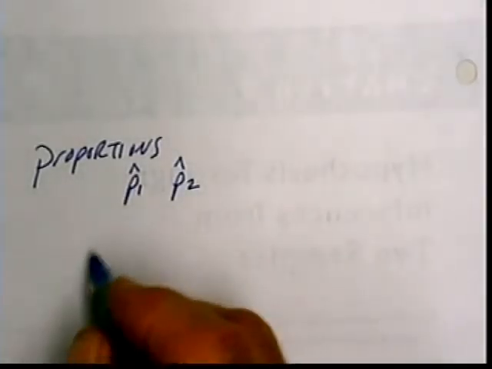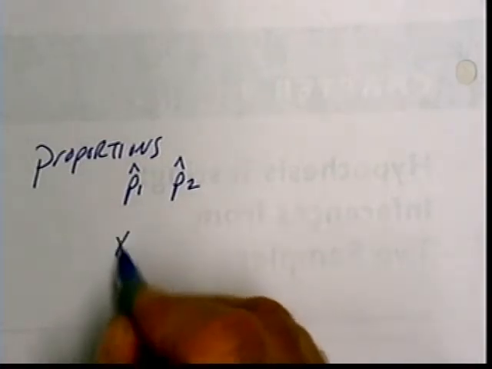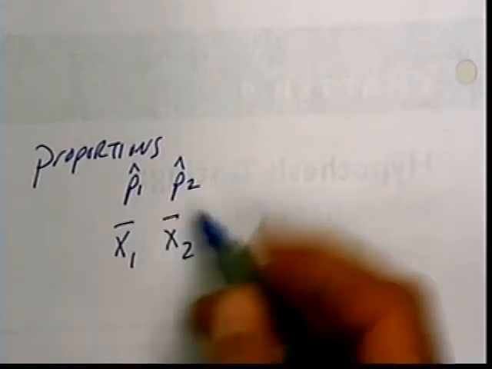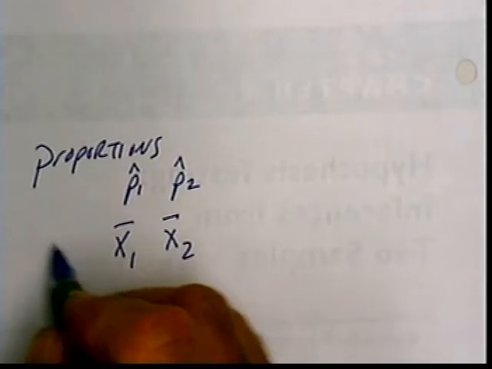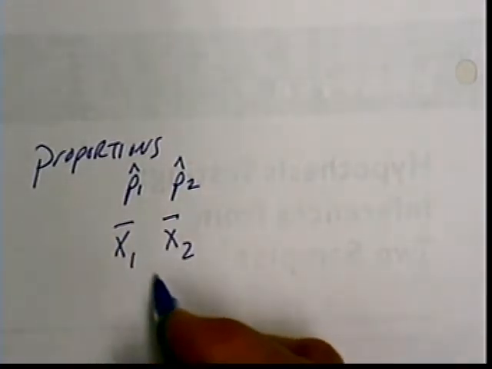Also in this chapter, we have the t-test and z-test to compare the mean from one group to the mean of another group. And so these are just independent groups.